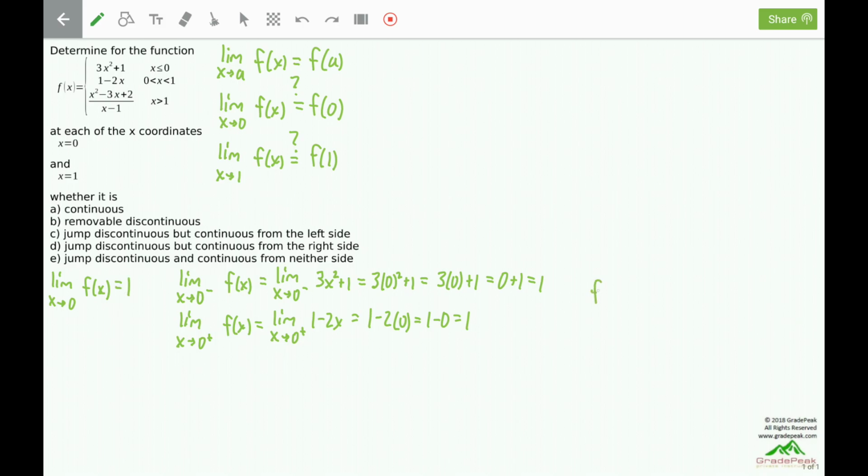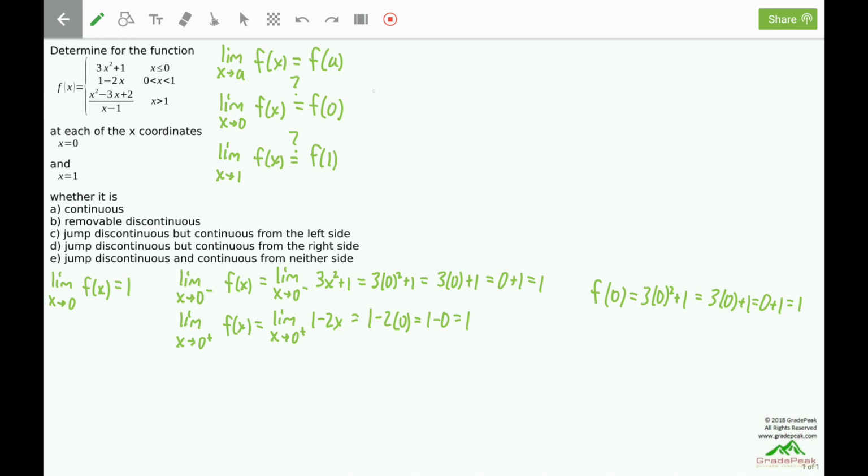The other thing we need is f of 0, and that's determined by where x is equal to 0 in the split expression function, and that's here. It's including 0 at that one. We plug 0 in for that function. So we'll have 3 times 0 squared plus 1. Well, 0 squared is 0, so we have 3 times 0 plus 1. 3 times 0 is a 0 plus 1 comes out to a 1.